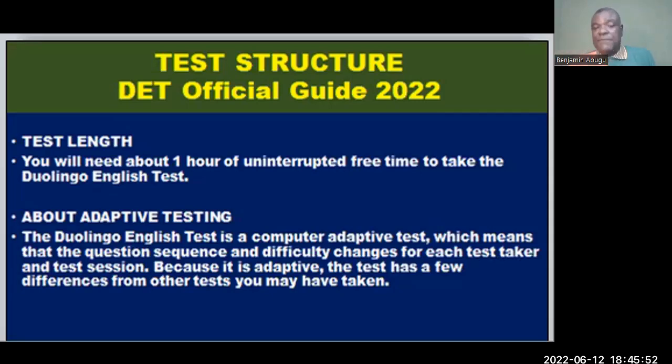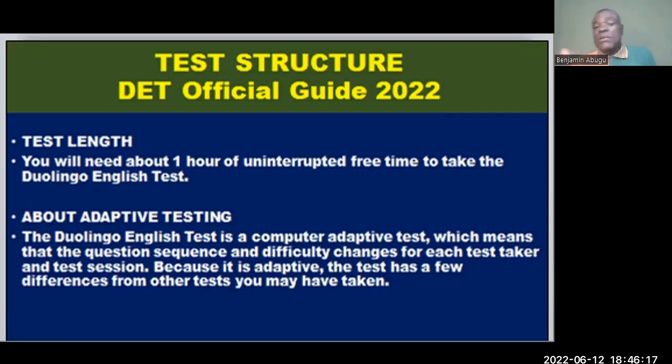Then you have the next 45 minutes, which will be for the test, to test your reading, speaking, listening, and writing skills, okay? Then the last 10 minutes is for a video interview where you'll be answering some open-ended questions that will be recorded.